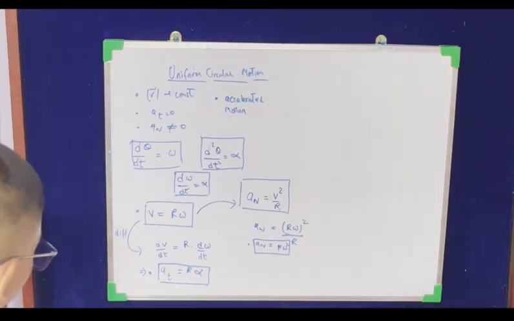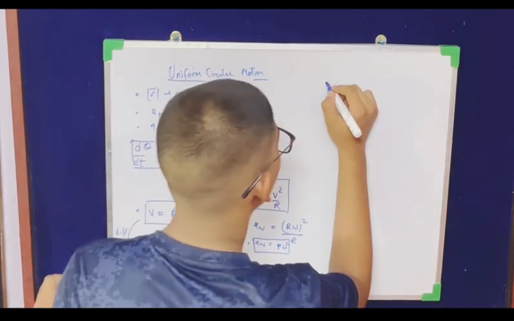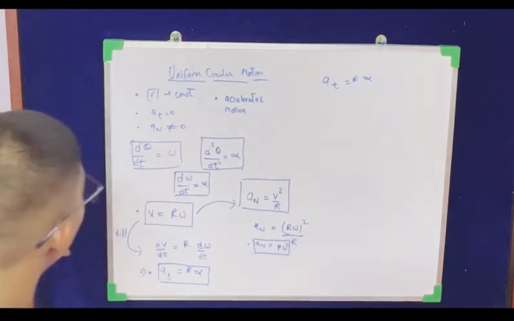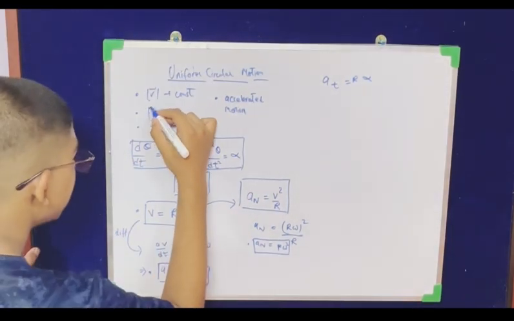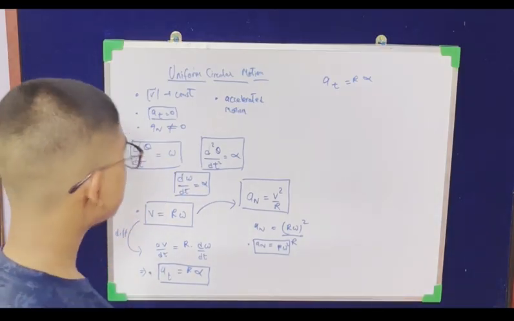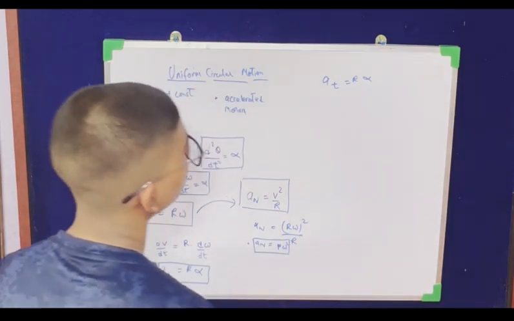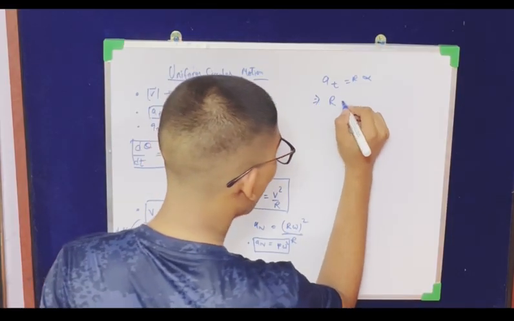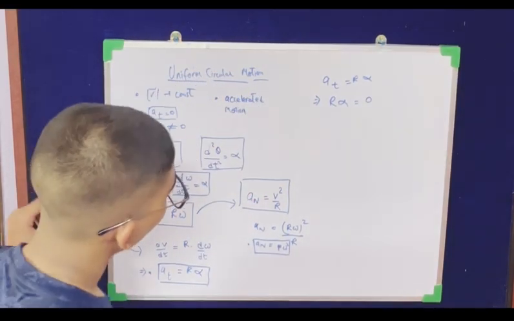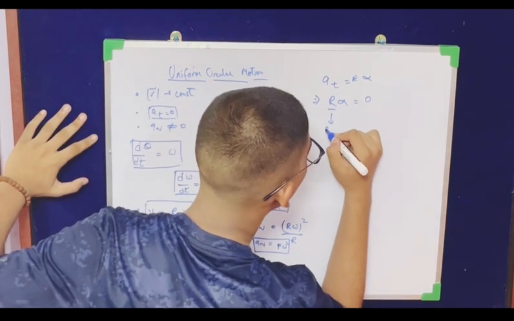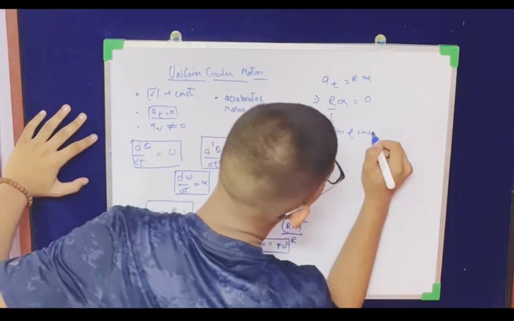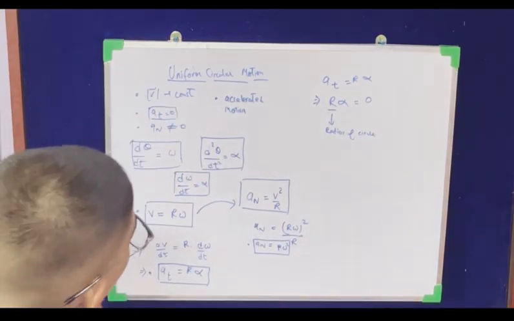Now if we write this equation, we know that the tangential acceleration in the case of uniform circular motion is equal to 0. So the value of r alpha must be equal to 0, where r is the radius of the circle and alpha is the angular acceleration.